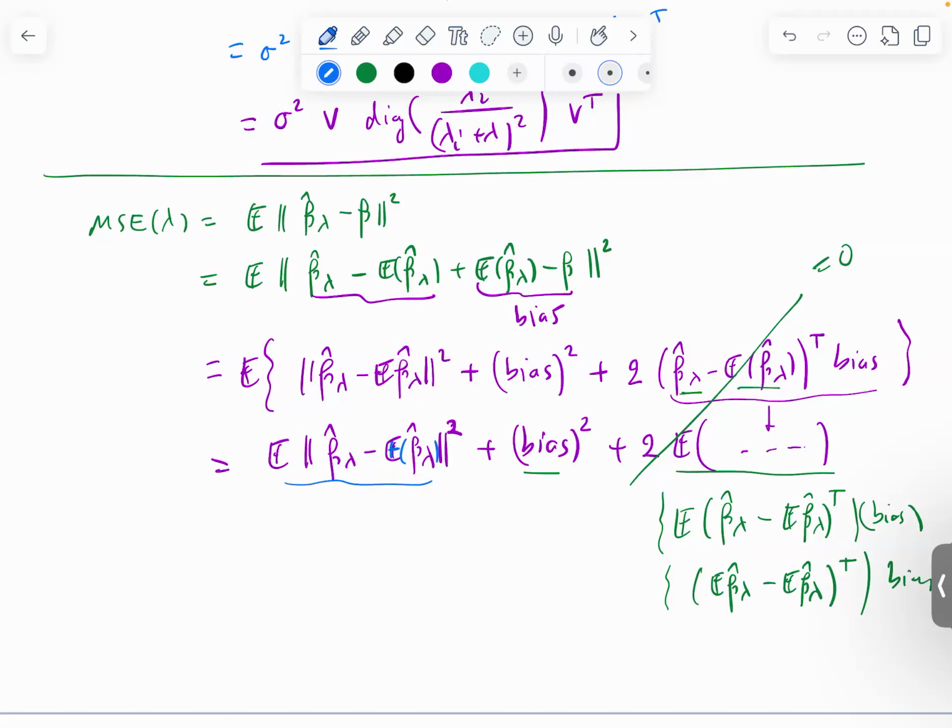Left side. Have like the bias at lambda minus the expected bias. How is that different from the right side? The expectation of a constant is the constant. So why is the left side not 0? Which one is the left side? Oh, you mean this one? Yeah, why is that? Can anyone tell me why this is different from this?